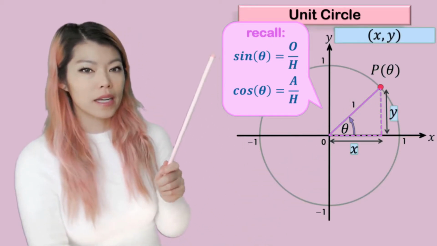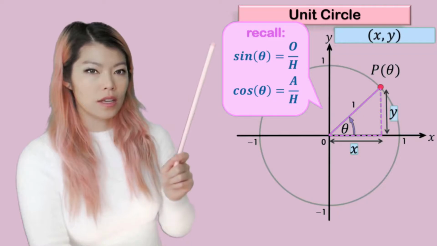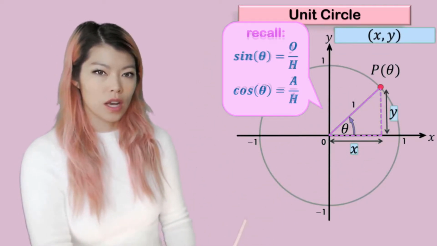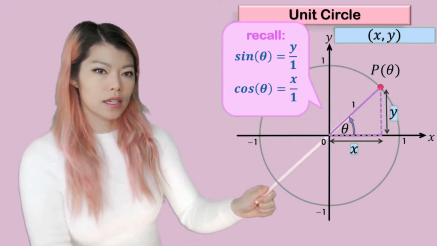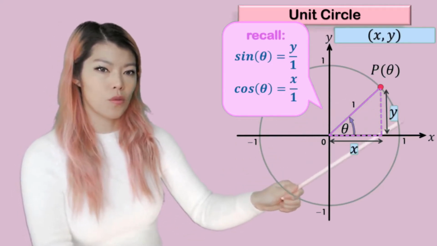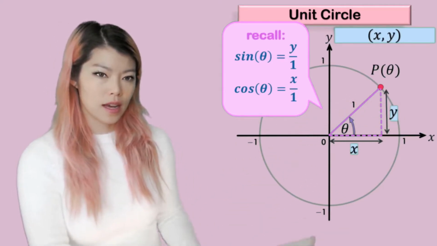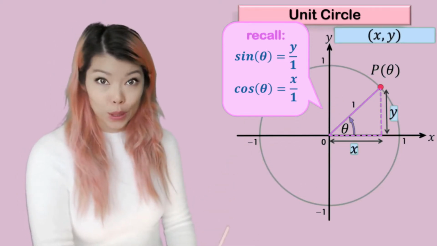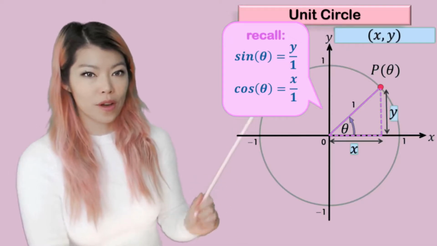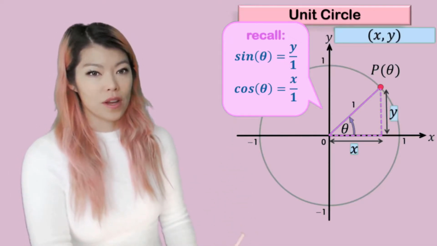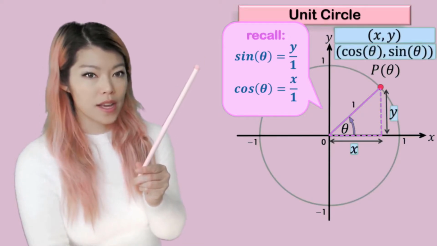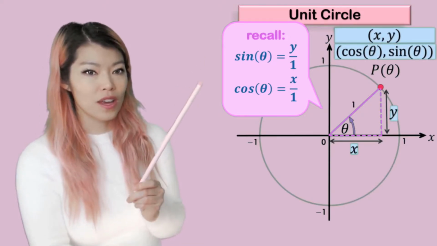So if we plug it into sine and cos, where opposite, hypotenuse, adjacent are the things we just mentioned, we would obtain sin theta is opposite over hypotenuse, so y over 1, and cos theta, adjacent over hypotenuse, will be x over 1. Now this is pretty cool because y over 1 is just y and x over 1 is just x. We notice that sin theta is equal to y and cos theta is equal to x.